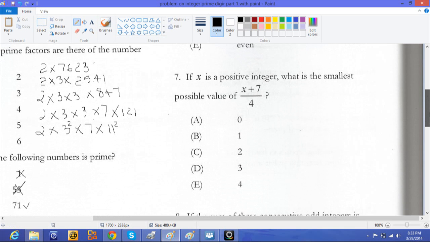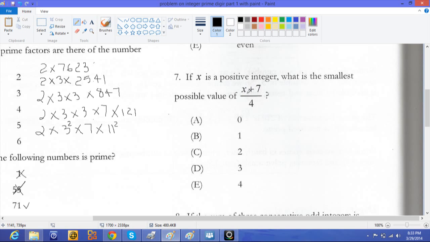Okay? Let's go for 7. They say if x is a positive integer, what is the smallest possible value? Understand, we have the fraction here, so the variable is in the numerator.